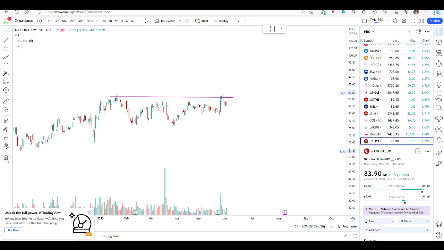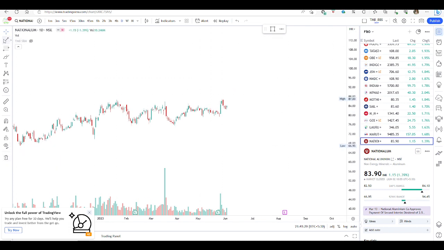Now, if we see another technical analysis, I am drawing another trend line. If I draw the other trend line, it shows a breakout, retest, and going up.